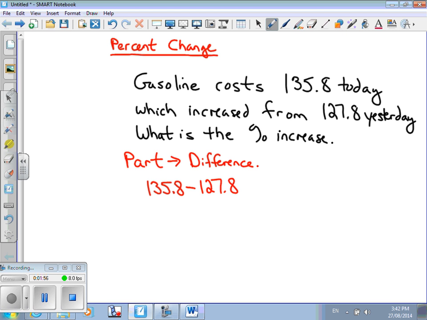Don't worry about which goes first, whether the old amount or the new amount. Just set it up so that it's a subtraction that's going to result in a positive number, or if you use your calculator and you get a negative number, just ignore the negative. And you'll see that when we do a subtraction, we get a nice even 8.